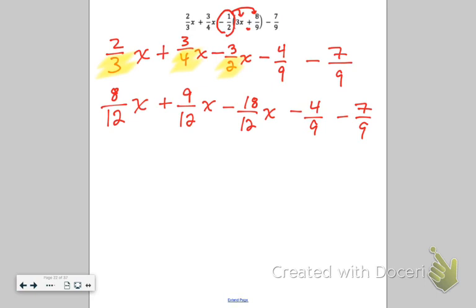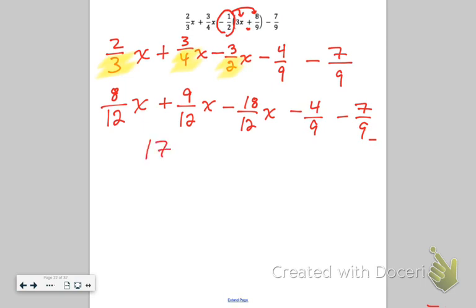We don't actually need our ninths to be scaled to a common denominator because I'm not trying to combine those constants with the variables. So I could almost think of these as two separate parts. You don't have to think of them together. So let's combine our terms with variables. 8 plus 9 gets me to 17.